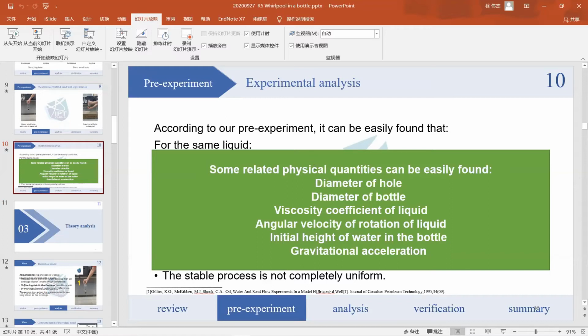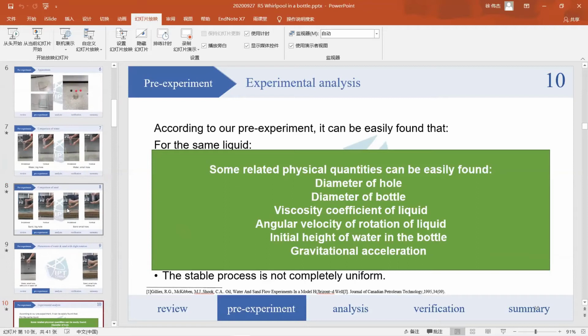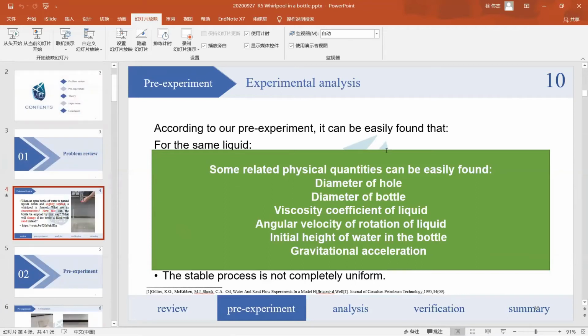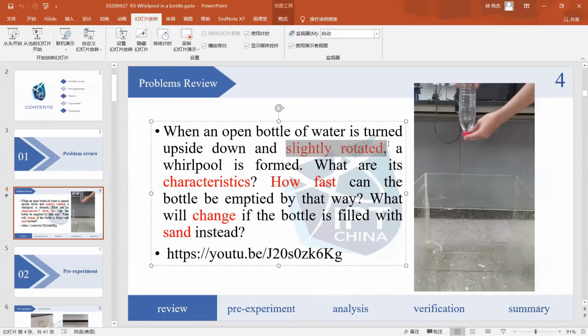Now let's move on to the question about the importance of the initial rotation. Have you investigated how it affects the whole time of the flowing out? We just rotated at the beginning because we think it is slightly rotated.